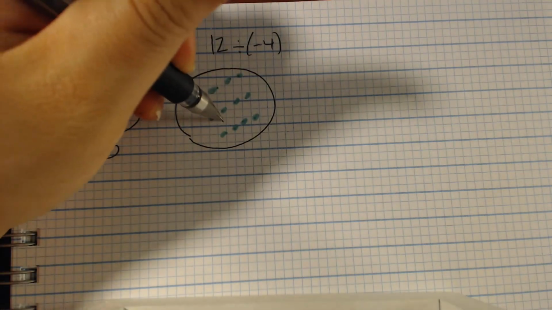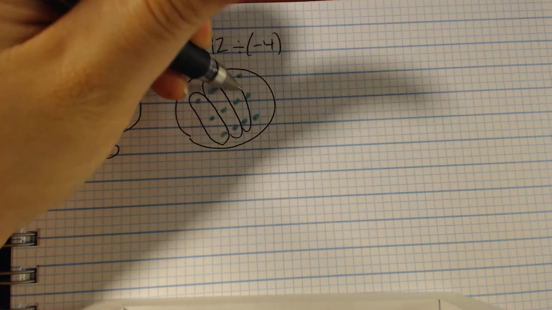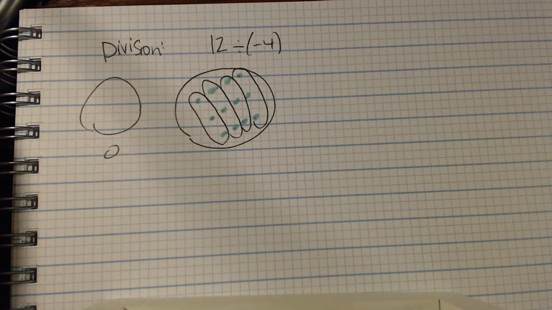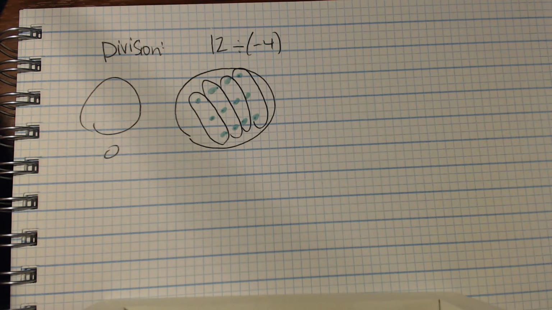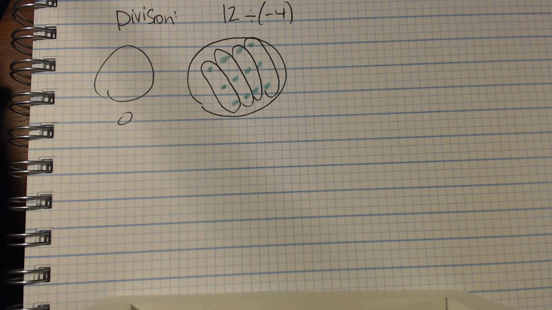Let's see, how would you show the negative portion of that? If I'm saying that I'm removing those, that can sort of show.